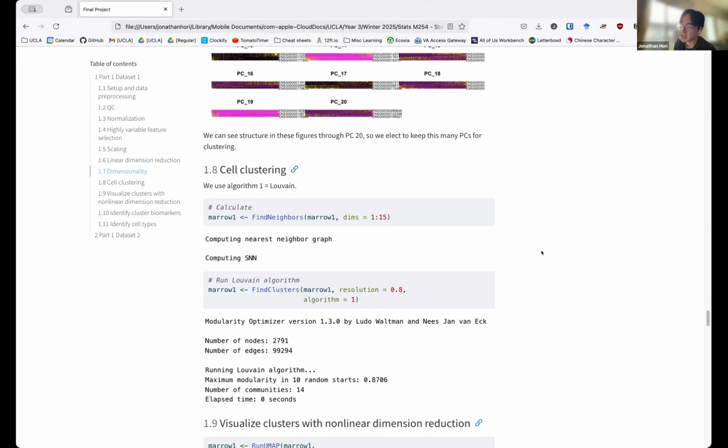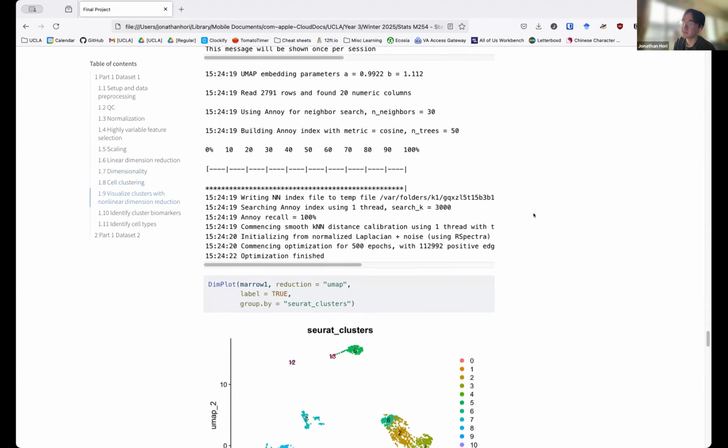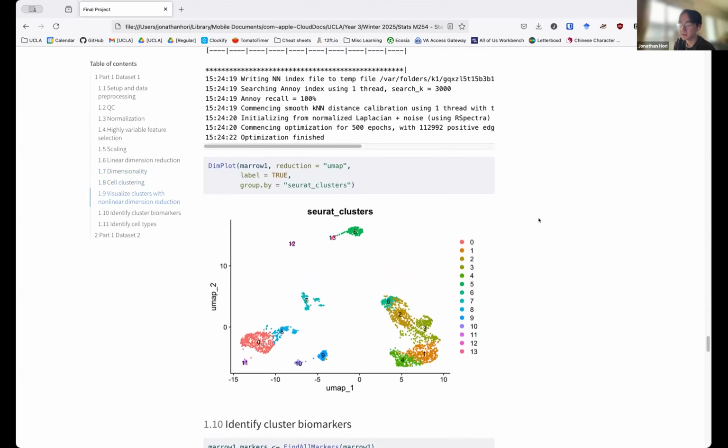I perform cell clustering with, again, a lot of the default parameters. I use the Louvain algorithm and identify 14 clusters. I visualize my results using UMAP. I played around a little bit with some of these parameters to give me more or fewer visualized clusters.